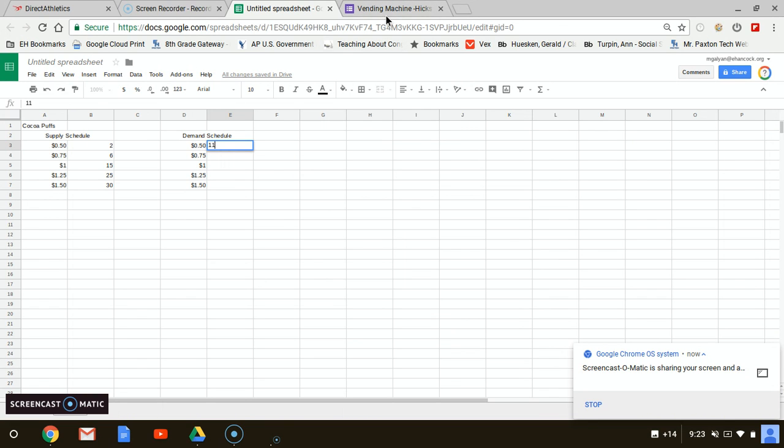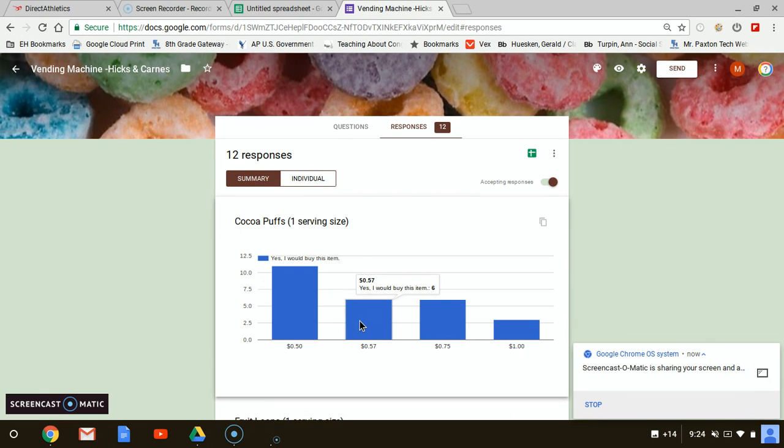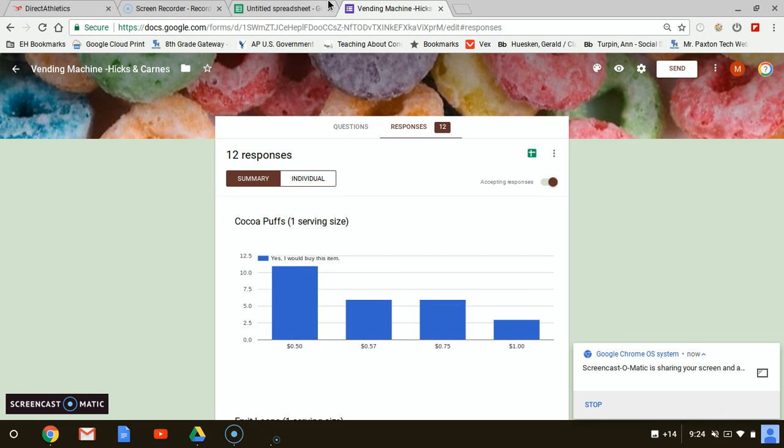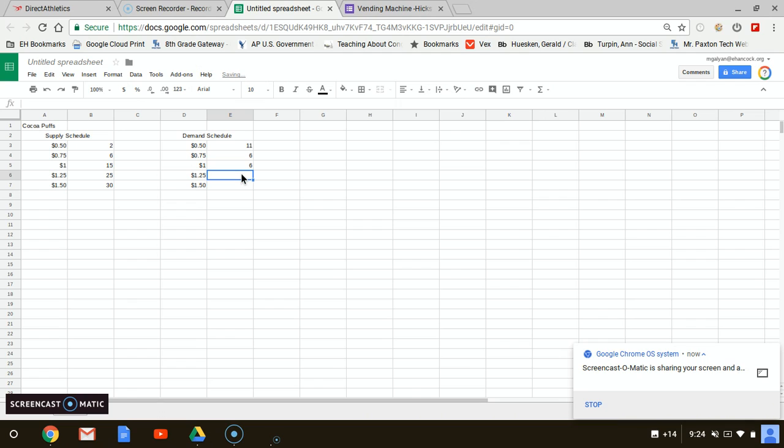At 75 cents, which was the next price point, it's 6. At the next price point, it was also 6. At the second highest price point, it was only 3. And then no one was willing to pay for Cocoa Puffs at the highest price point.